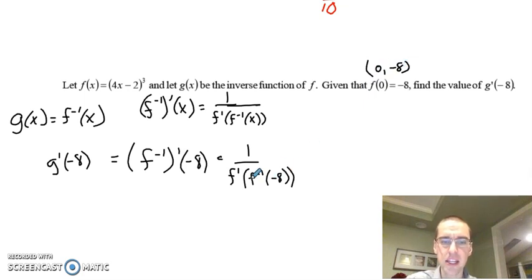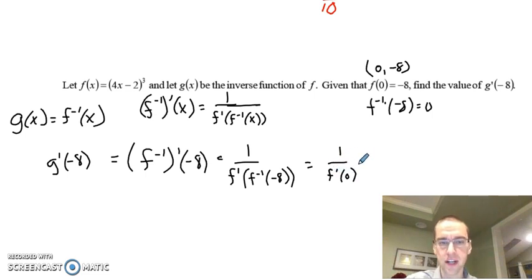If we have the inverse, we know that the inverse of negative 8 equals 0. We just switch them. And so therefore we have that right here. f inverse of negative 8 is 0. So we can write that that equals 1 over f prime of 0.